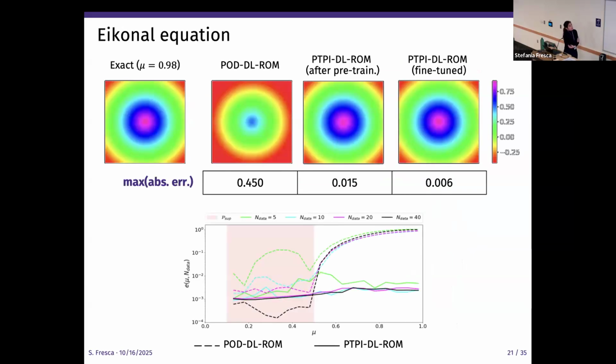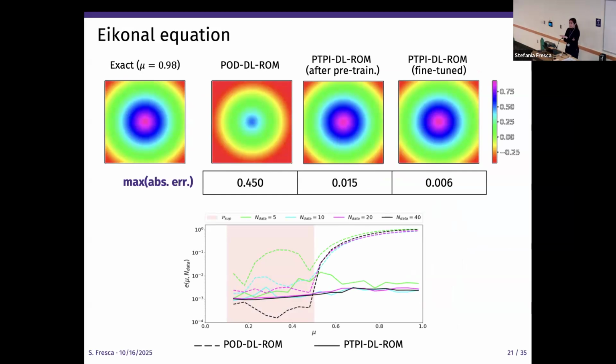Numerical examples. In this test case, we want to assess the parameter extrapolation capabilities of PTPI DL-ROM. In doing that, we compare POD DL-ROM with two solutions obtained by means of PTPI, just after pre-training and with fine-tuning.